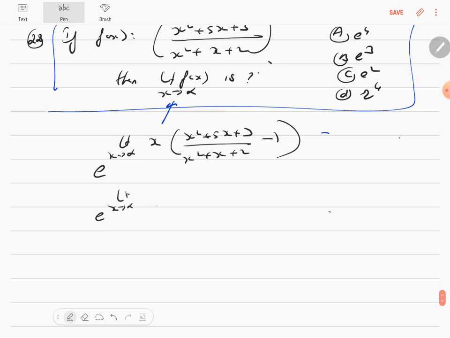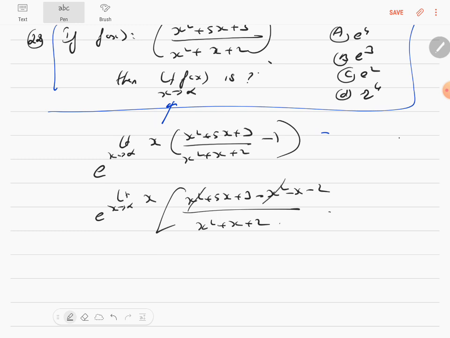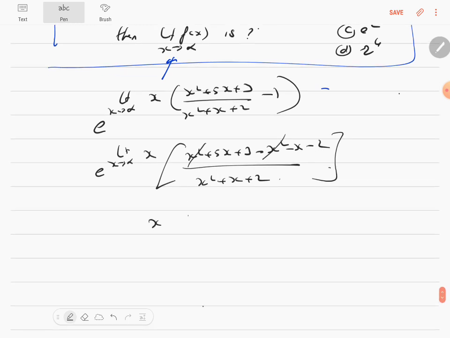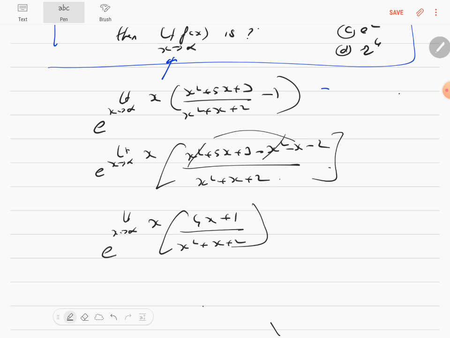Let me try this. It's x into, and I take LCM. It's getting to x square plus x plus 2. So this is going to become x square plus 5x plus 3 minus x square minus x minus 2, x square gets cancelled. So this will be x into 5x minus x is 4x, 3 minus 2 is plus 1, by x square plus x plus 2, where limit x tends to infinity, e to the power.